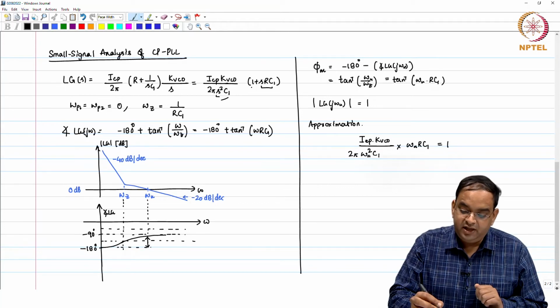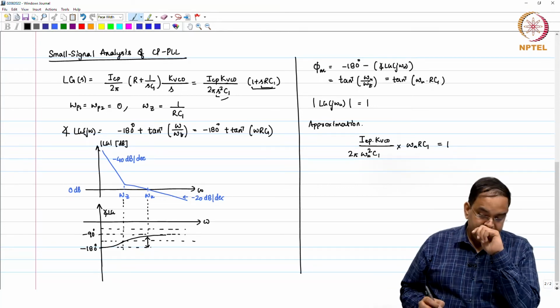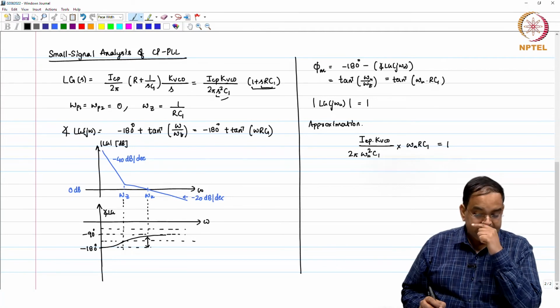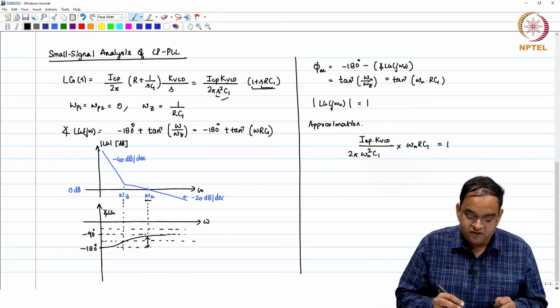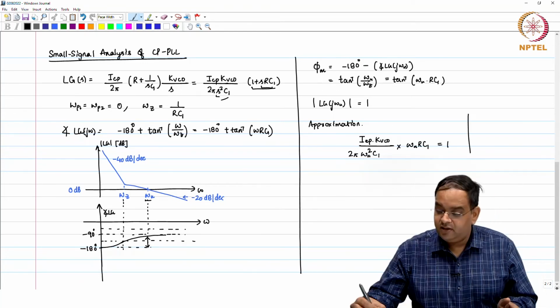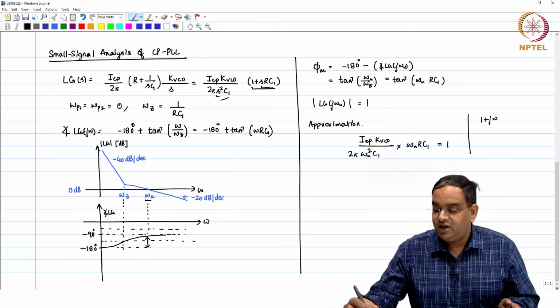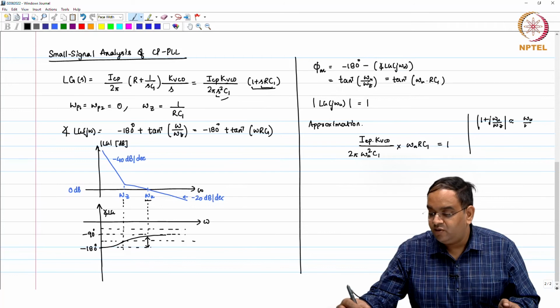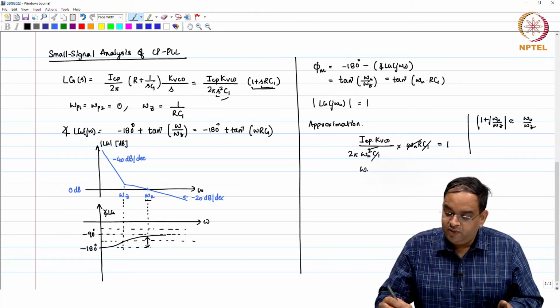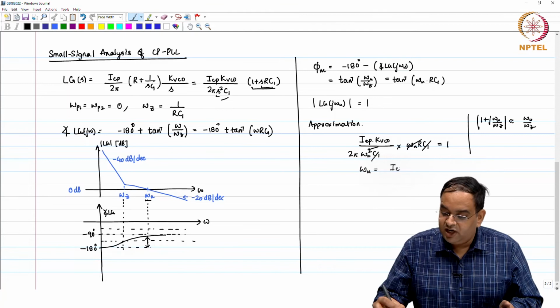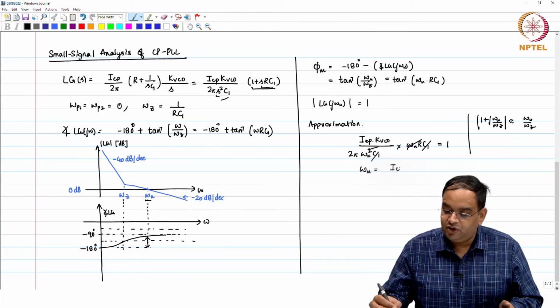So, what I am saying here is that 1 plus SRC is actually equal to SRC, and the reason you can say that is that at omega u, omega u is much larger than omega z. So, 1 plus j omega u by omega z is approximately equal to omega u by omega z. This is the approximation. If I do this approximation, C1 goes off, and then omega u is actually equal to ICP KVCO times R divided by 2 pi.